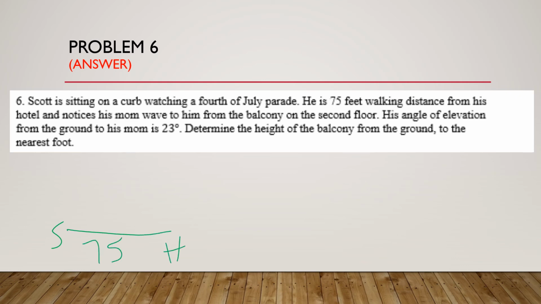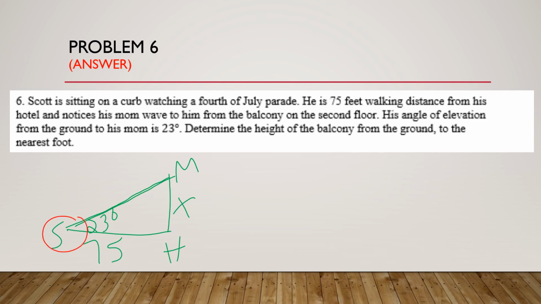He gets to his hotel. His mom is up here in the balcony. His angle of elevation is 23 degrees when he's looking up at Mom. And they want us to find how high Mom's balcony is.